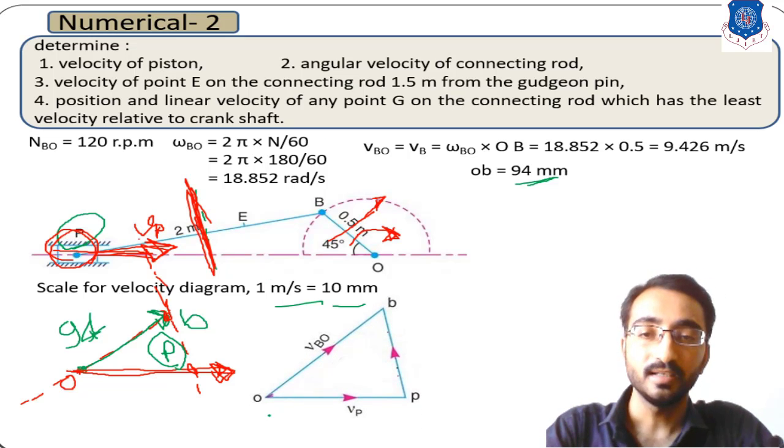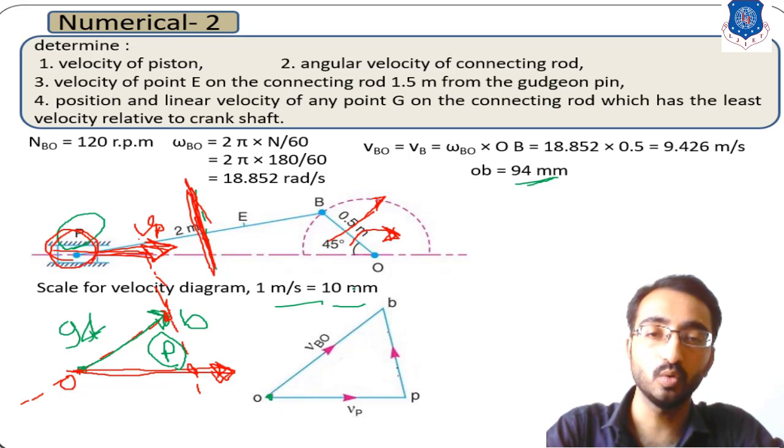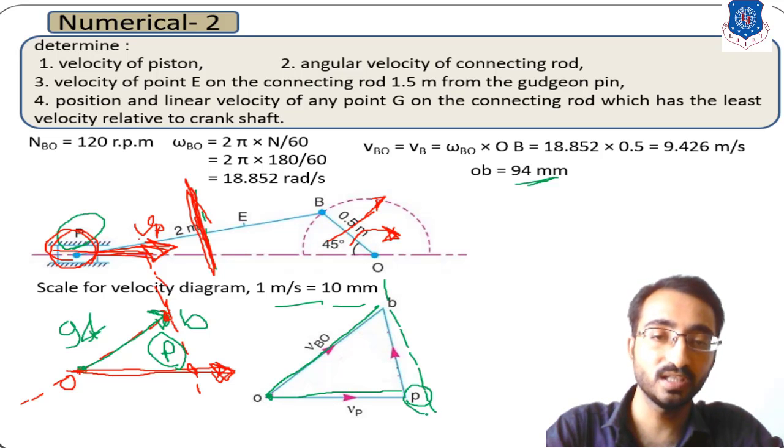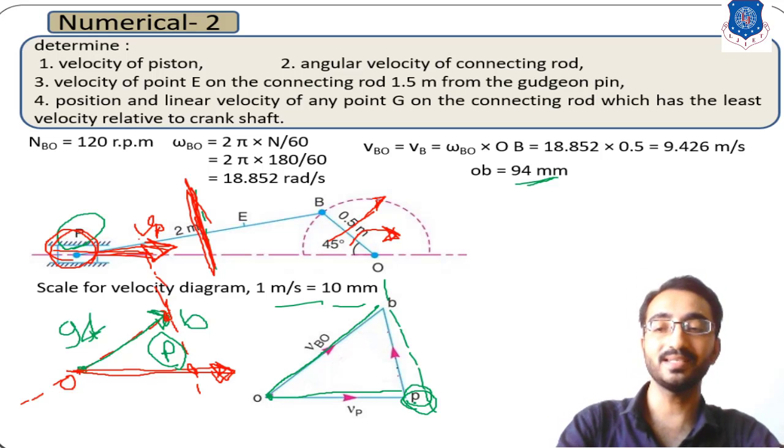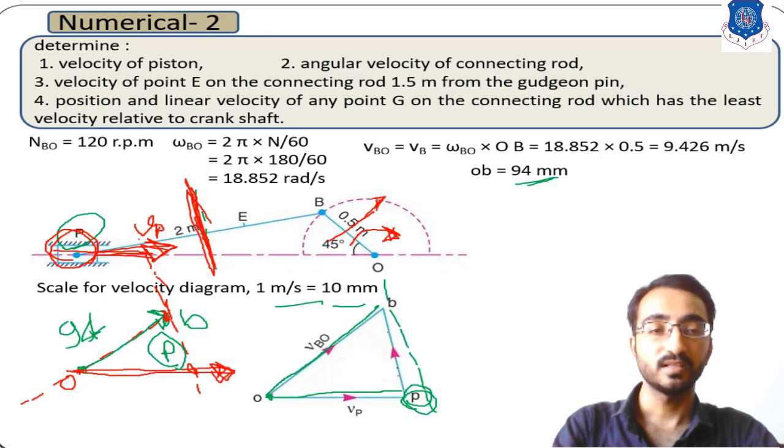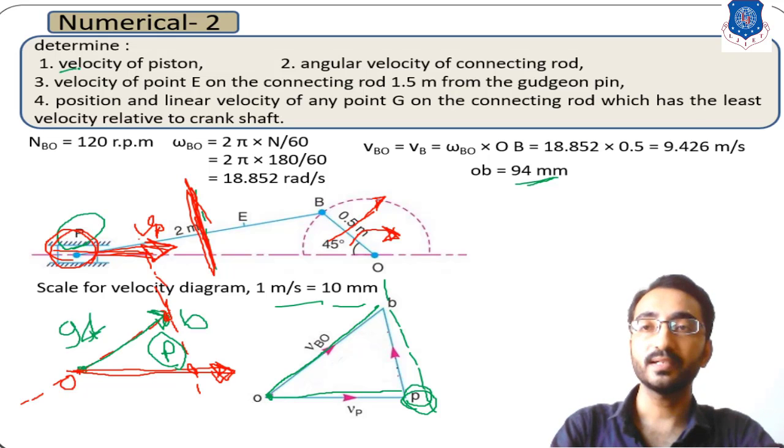So over here if you draw it with perfect measurement, then with reference to point O, OB is 94 mm, then BP is your reference line, velocity of P is a horizontal line, and this intersection will give you point P. So by using this arrangement you can calculate the velocity of slider P. Okay, now let's solve this first term, that is velocity of piston.